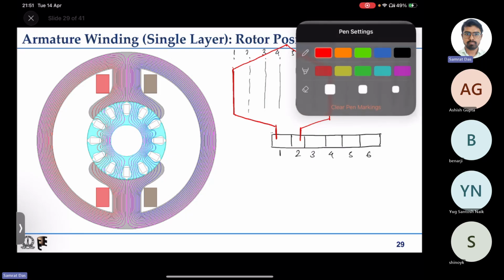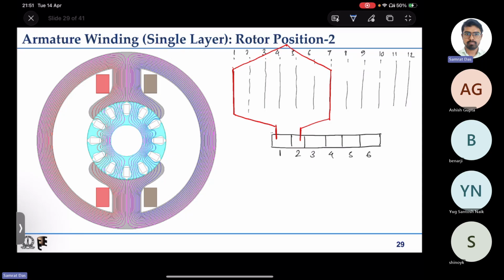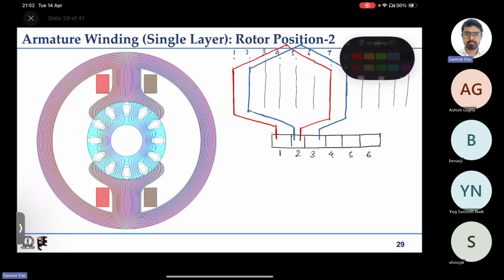We'll first complete it. Then let us say we have our second coil. It will start from segment number 2 and go to slot number 2. Along slot number 2 it will complete, then it will have its end winding, and it will have its other side at slot number 8, and it will come back and get shorted at segment number 3.